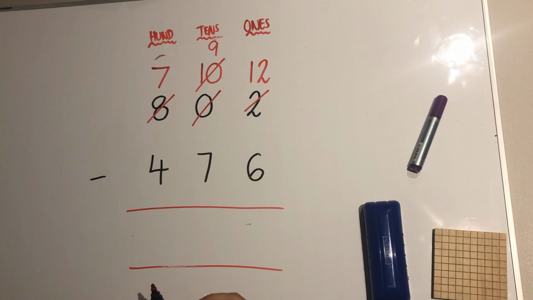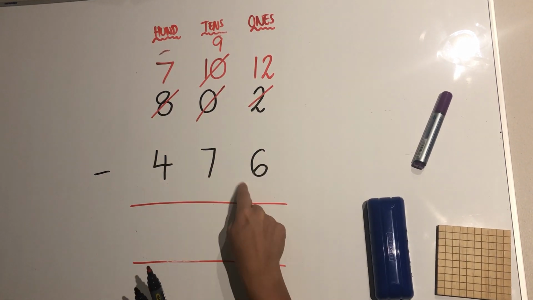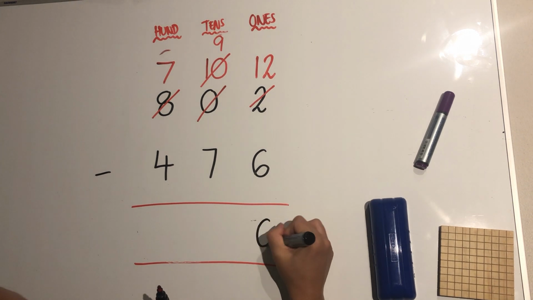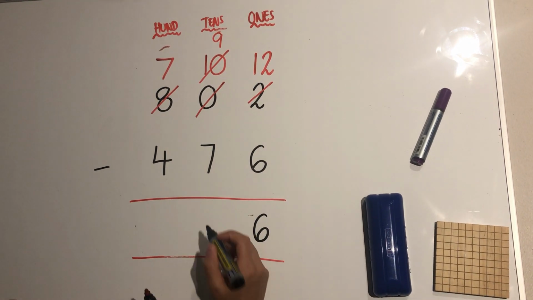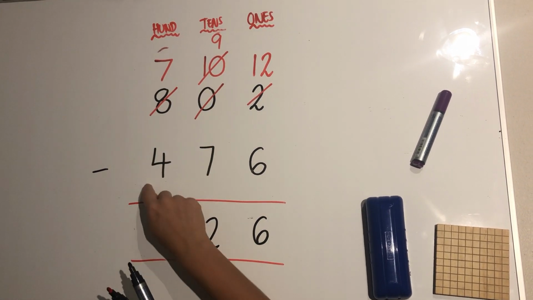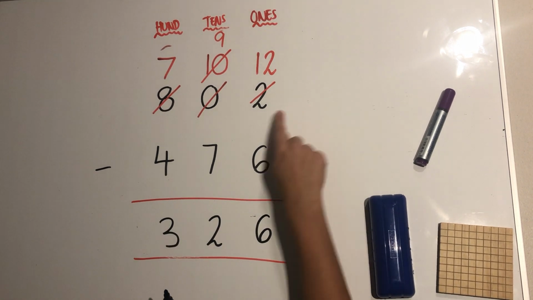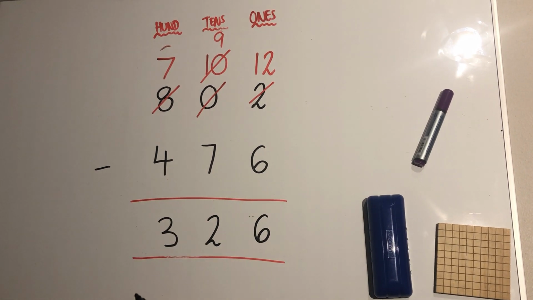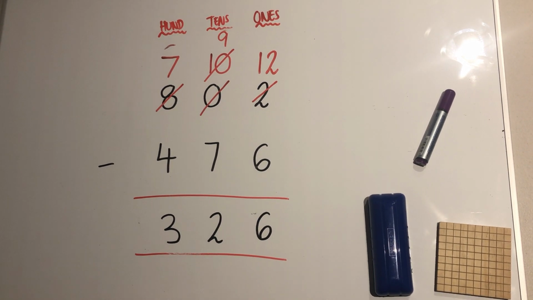So then we subtract as usual, working through our columns. 12 subtract 6 is 6. 9 subtract 7 is 2. 7 subtract 4 is 3. So 802 subtract 476 equals 326.